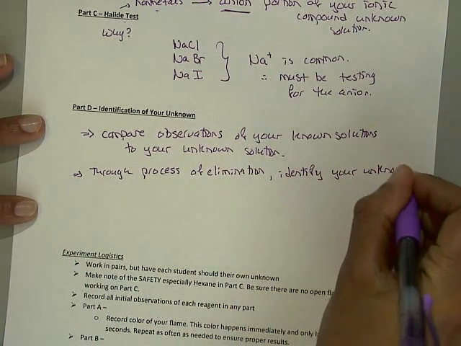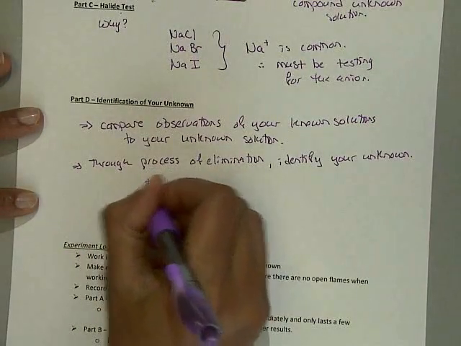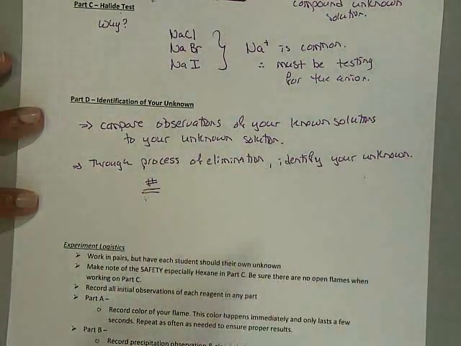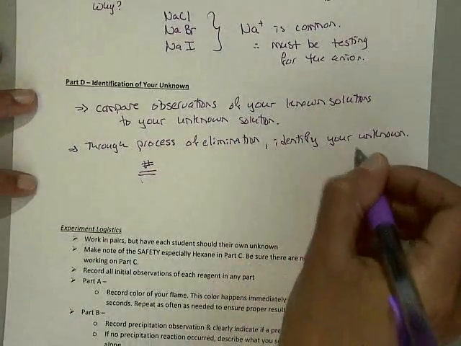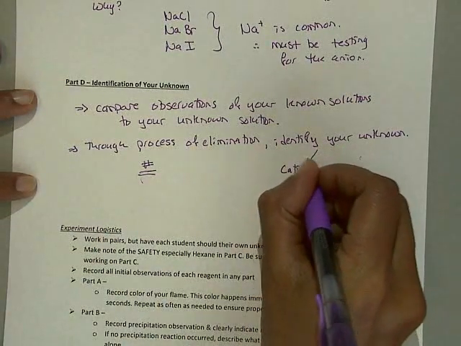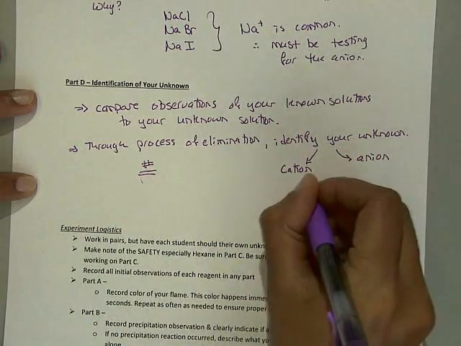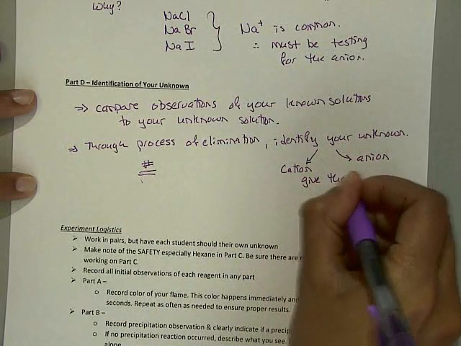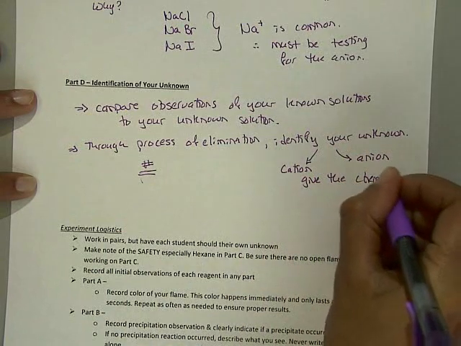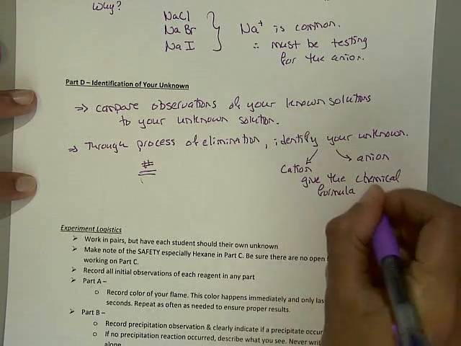And your lab instructor has an answer key, so make sure you write down your unknown number in your lab notebook and your answer and check with your lab instructor. Not only identify your unknown, but I want you to identify your cation and your anion and give the chemical formula and name.